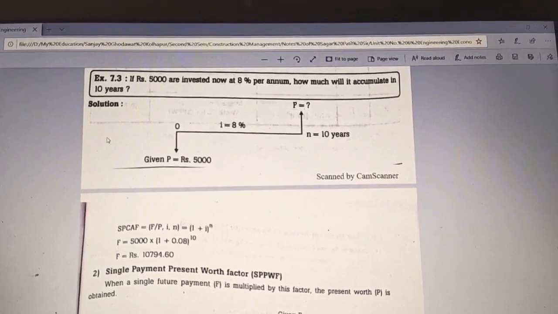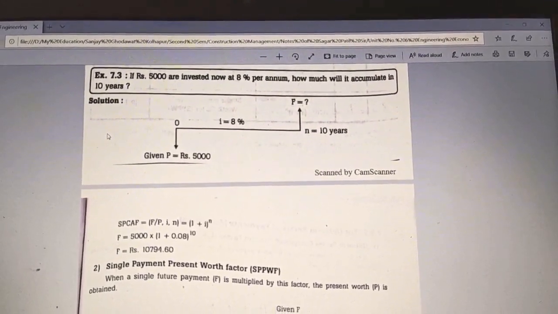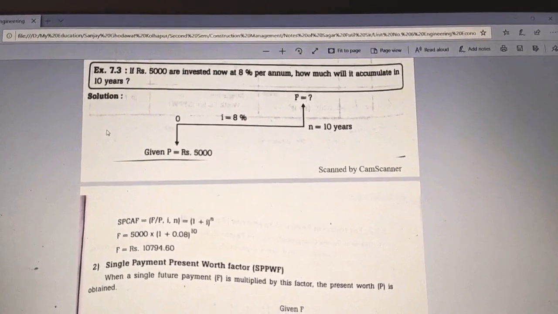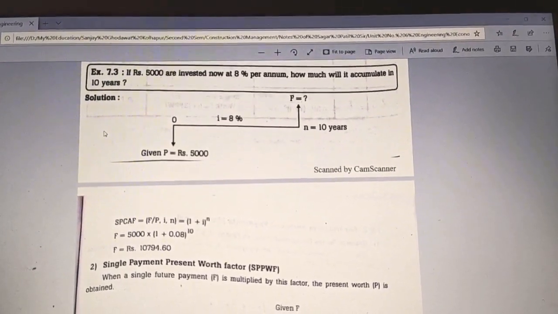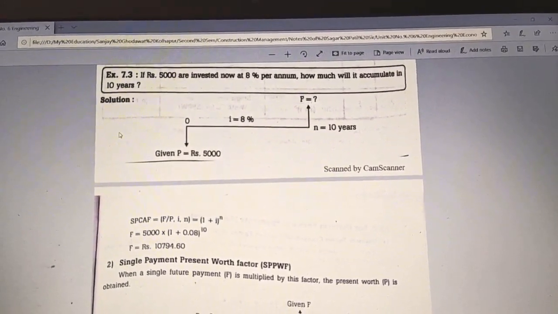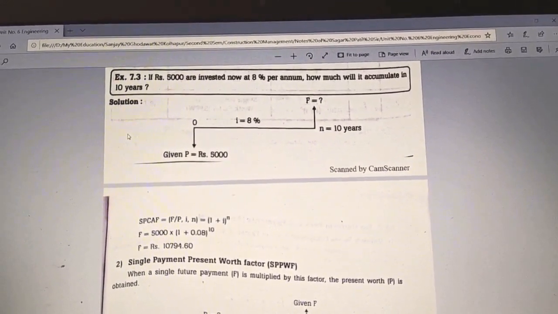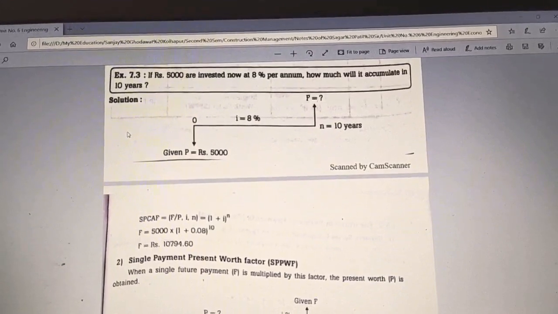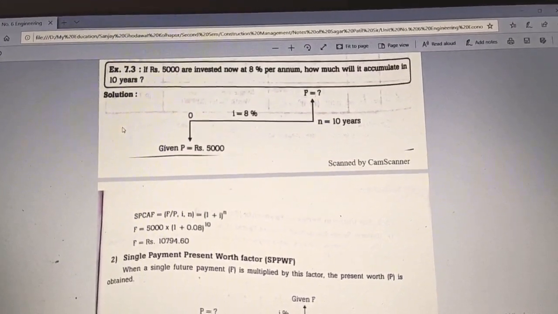And after that, what we are asked to calculate is, for 5,000 rupees of investment, for the interest rate of 8%, after a certain duration, that is 10 years in this numerical problem, how much amount that XYZ person is going to get.